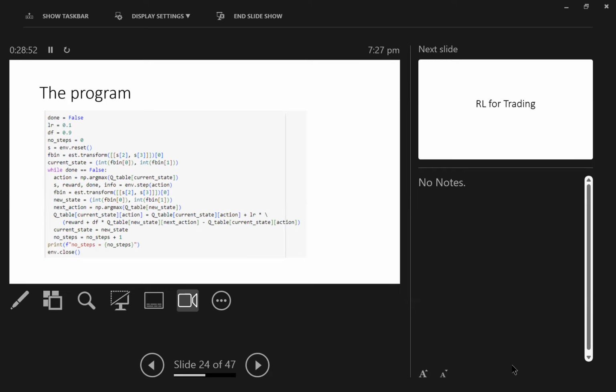According to the so-called principle of optimality, you should choose the action that gives you the largest Q value in this column. Basically, there are 2 numbers, column 0 and column 1, and we look at the 2 numbers in this row corresponding to the current state, find which one is larger, and then choose that action.